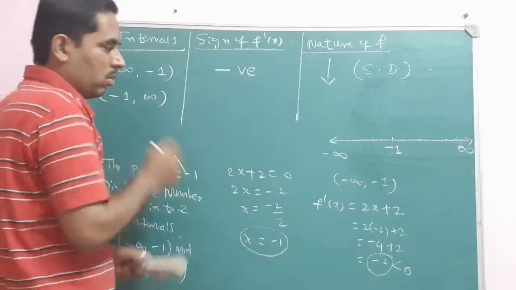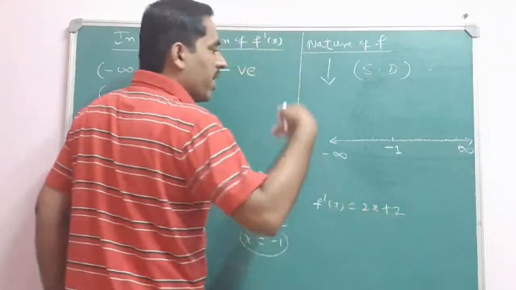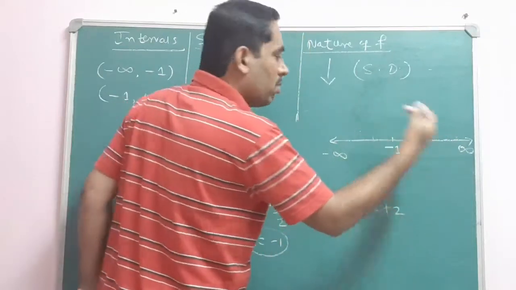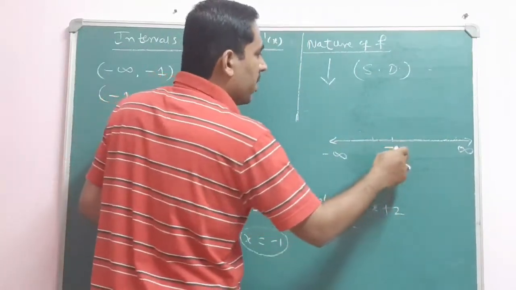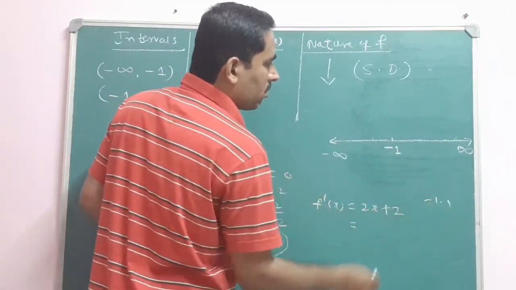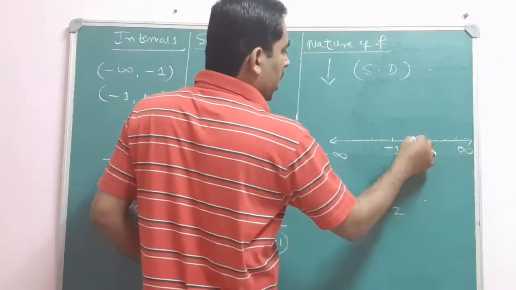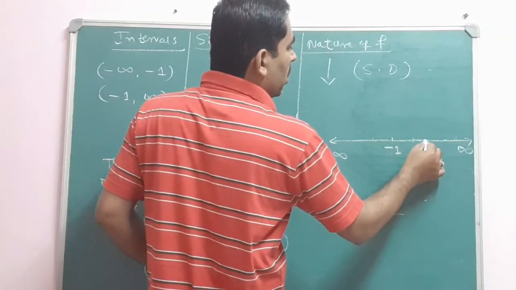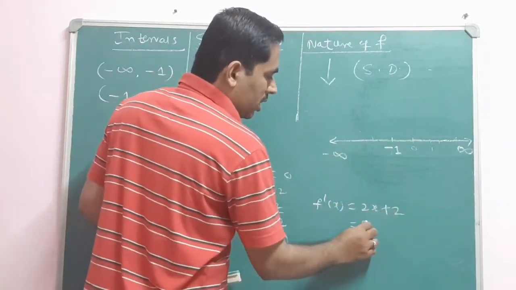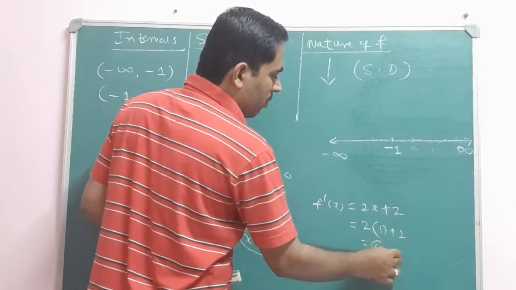Then I am going to check the other interval. If I cross minus 1, I move to the right side of minus 1, where the values are 0, 1, 2, 3. If I give x is equal to 1, then it will be 2 plus 2, and the value will be positive.